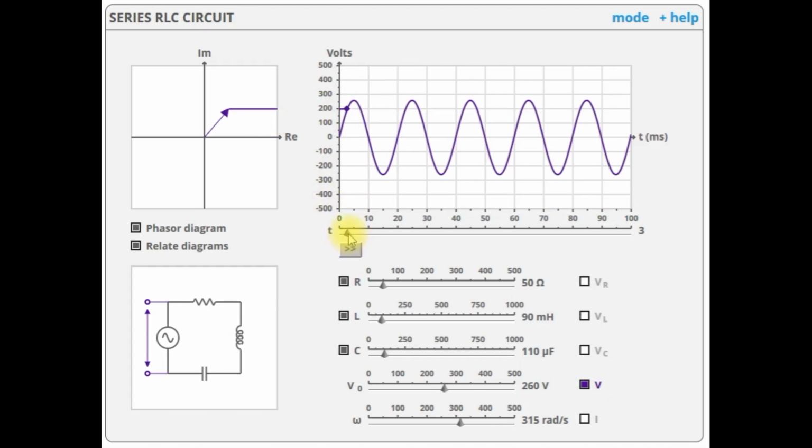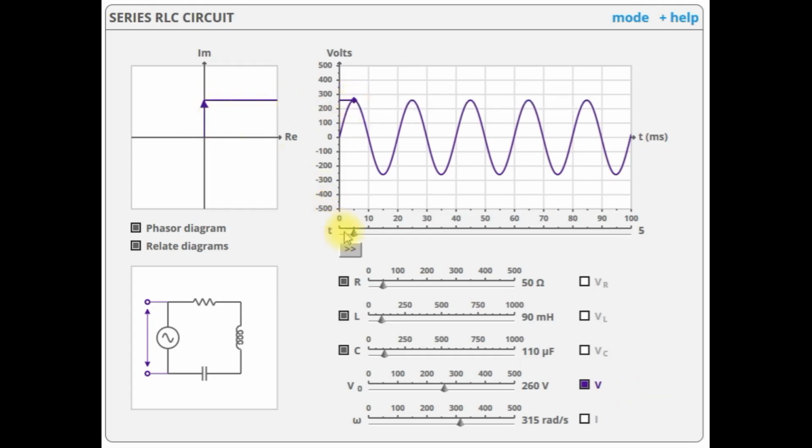Now if you further rotate by pi by 2 radians, the position of the vector will be like this. That means when the vector has rotated through pi by 2 radians, the position corresponds to the maximum value of the sinusoidal waveform, which corresponds to omega t equal to pi by 2 or 90 degrees.